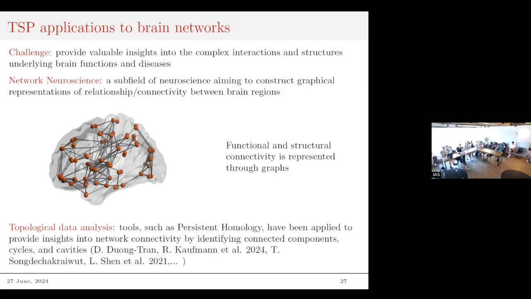And topological data analysis is a tool that has been widely employed for the analysis of brain networks. For example, using persistent homology, we can identify connected components, cycles, and cavities, and so on.